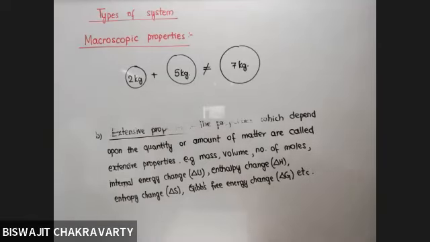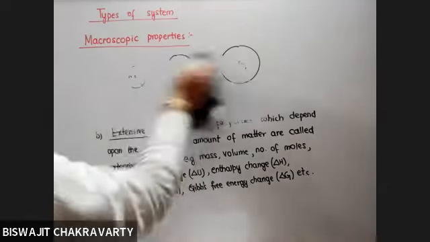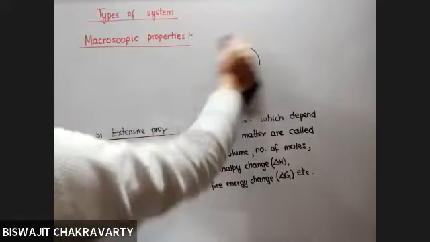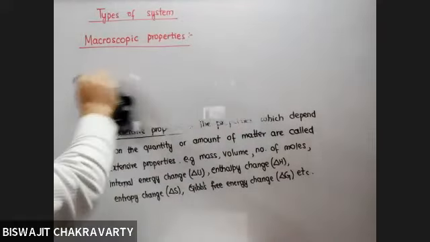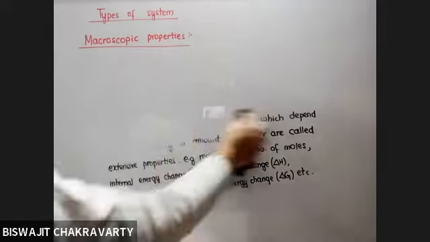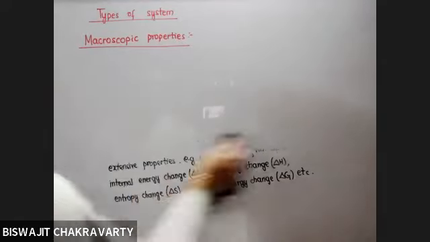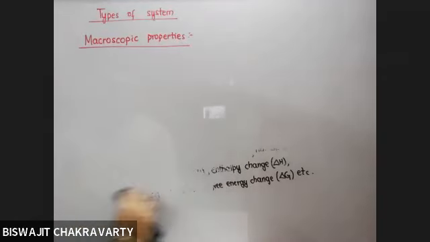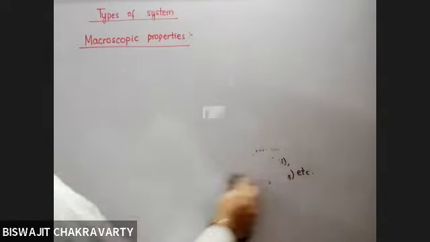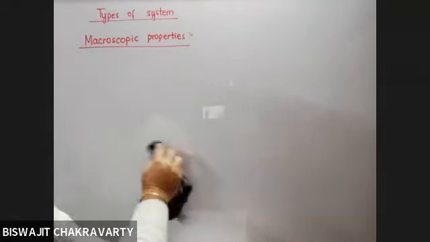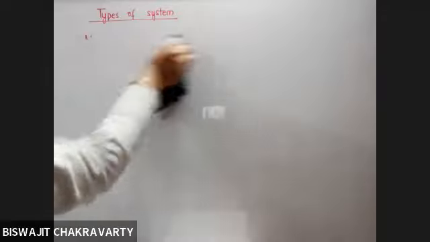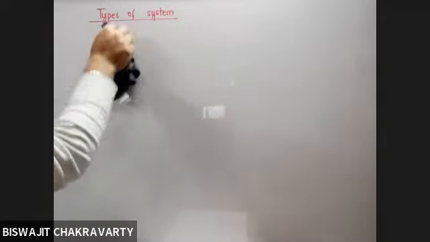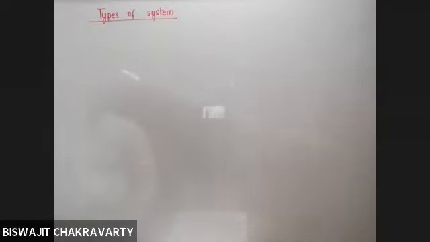So all the properties that we will be discussing will ultimately be correlated with the thermodynamic properties. In what we discuss, the thermodynamic properties involved are terms like internal energy change, enthalpy change, entropy change, and Gibbs free energy change.